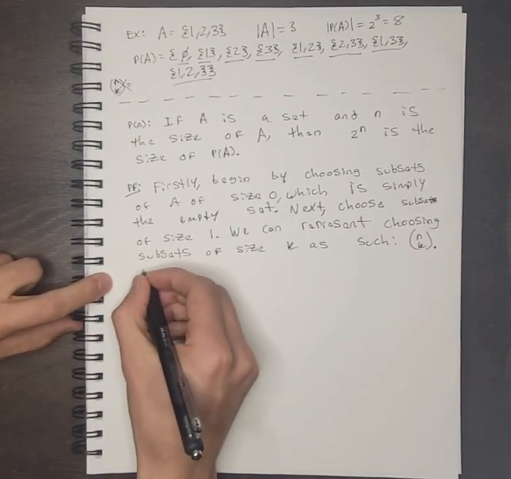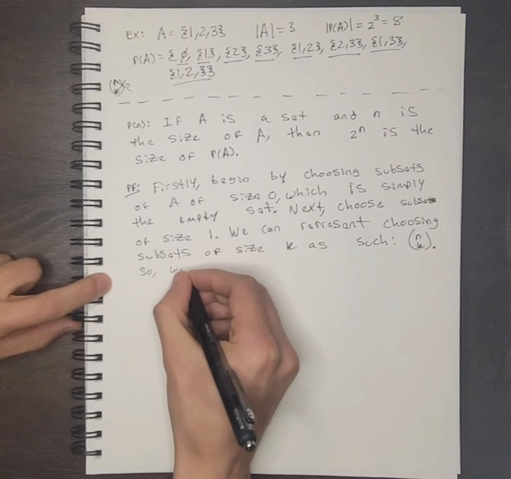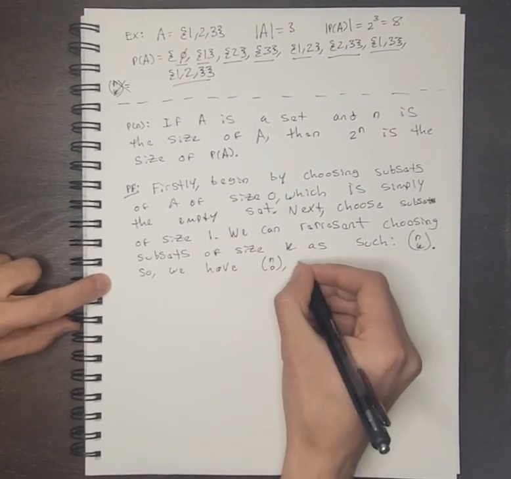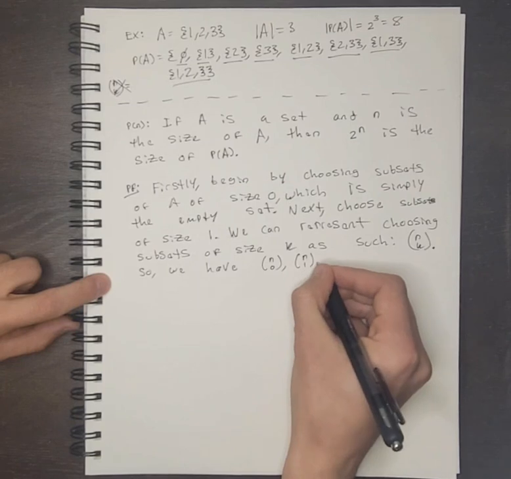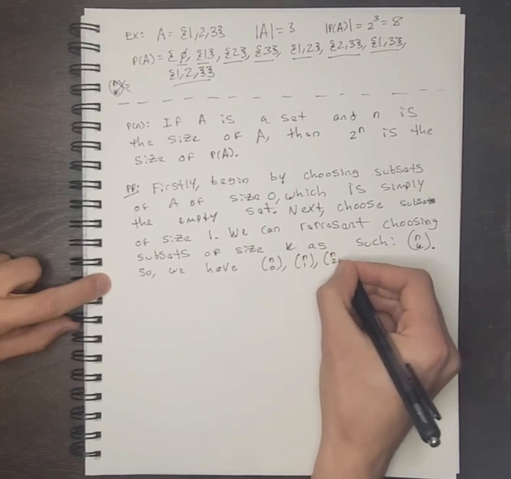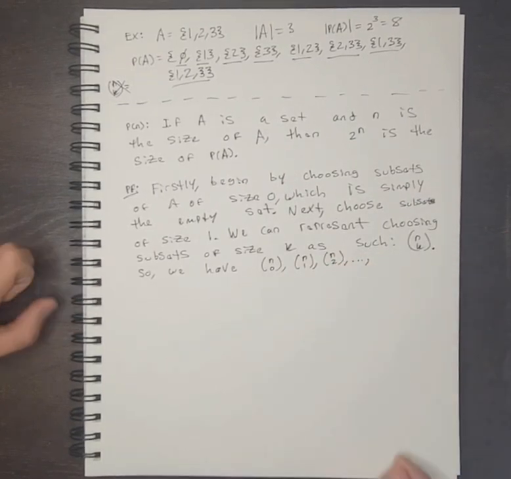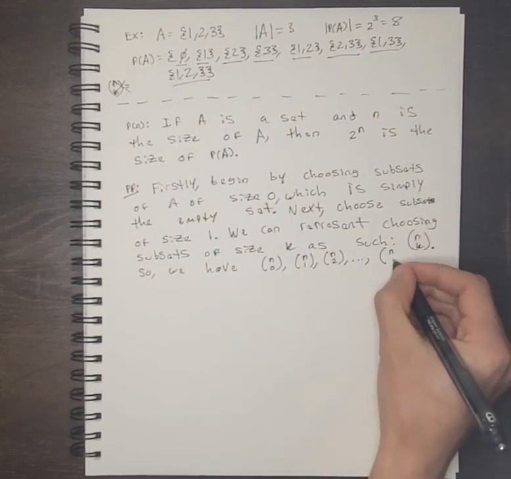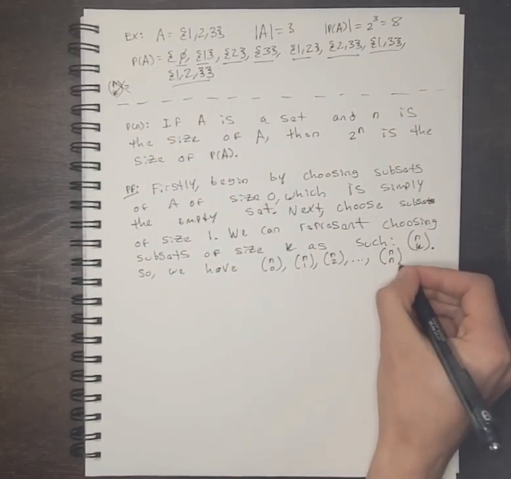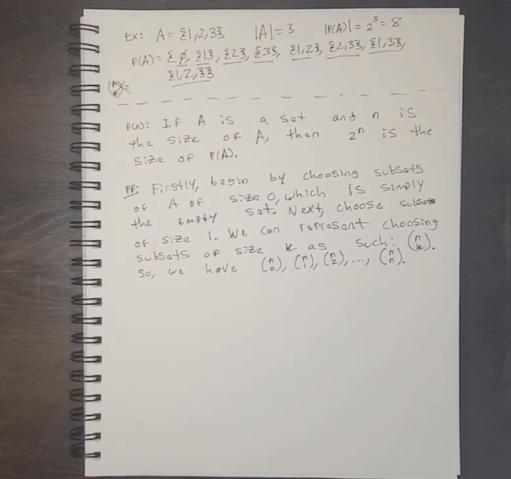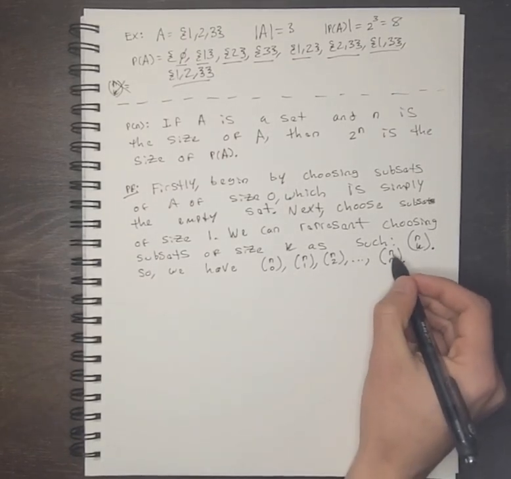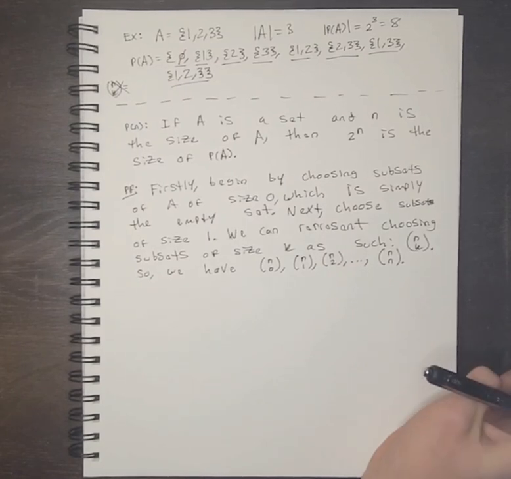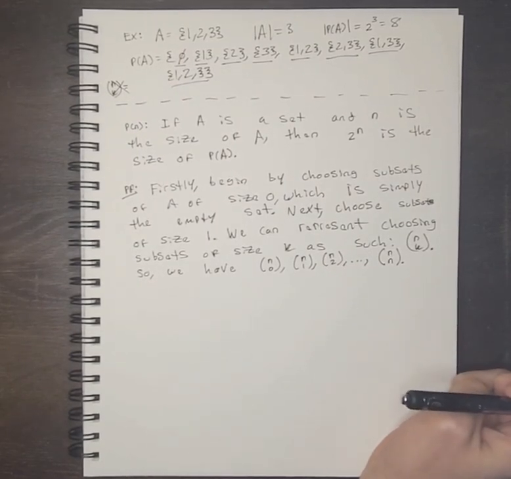So we have n choose 0, n choose 1, n choose 2, and if you noticed, we stopped here at n choose n, because if our k value here is greater than n, that's absurd. You can't have a subset of a set where that subset is bigger than that set.